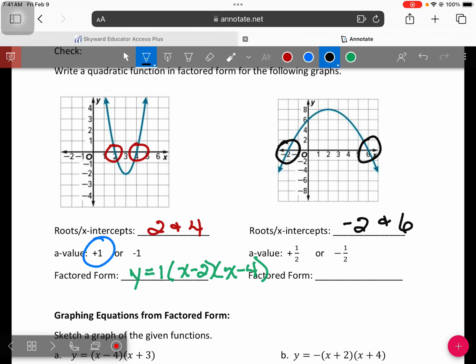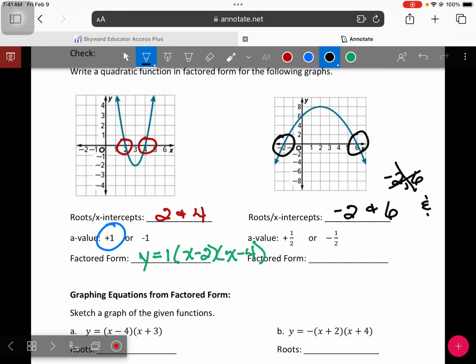Now, I will tell you, I did see on the last test people writing it like that. Why will I not count -2, 6 again? Yeah, it looks like an ordered pair. It looks like one specific point. So make sure you put the word "and" in, however you want to do it, okay?